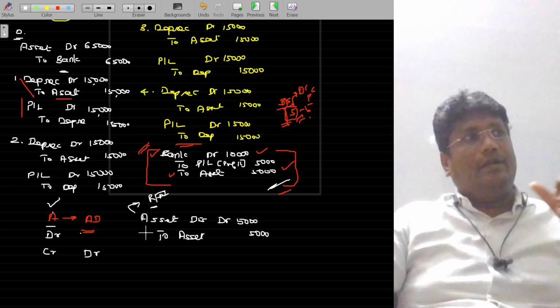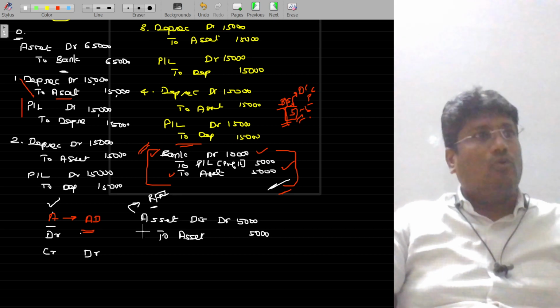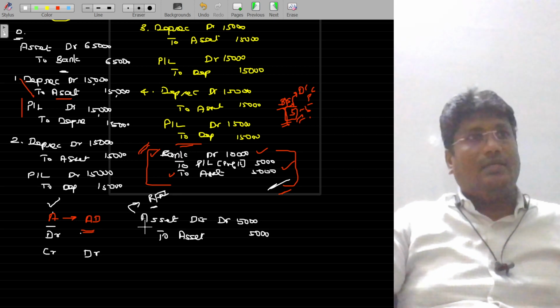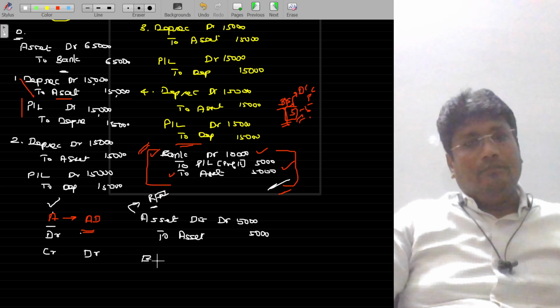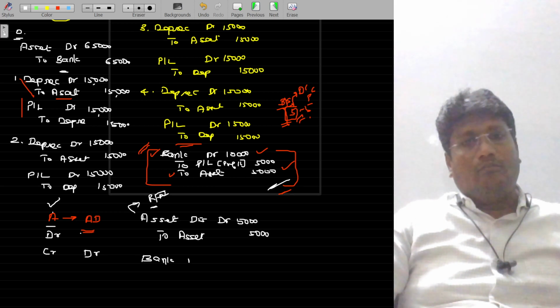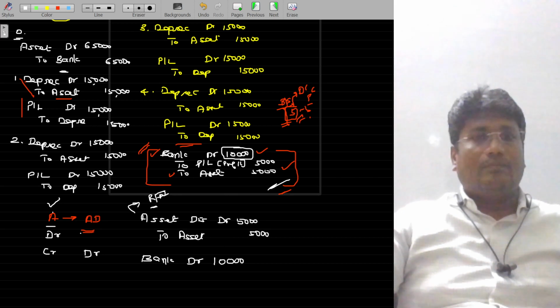So now we have created a new account called the asset disposal account. Now I am going to close that account. How do I close it? Selling it off for 10,000 rupees. So for that the entry is bank account debit, 10,000 rupees. How much am I getting? 10,000 rupees, because it is sold for 10,000 rupees.